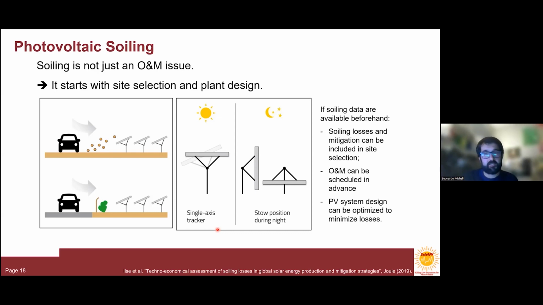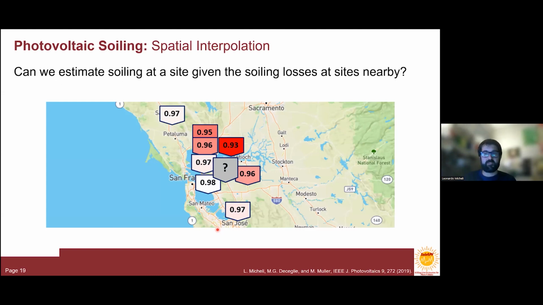However, site selection also plays a role in soiling loss, clearly. If we know how much loss we are going to experience in a PV site that we are selecting for a new PV system, we can better plan our soiling mitigation activities. And this is what I want to show in our next slide.